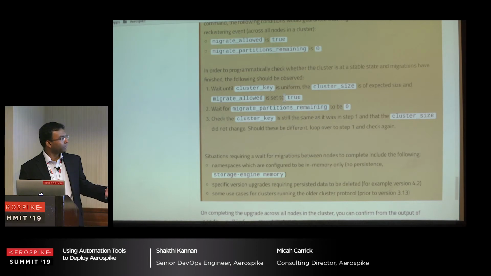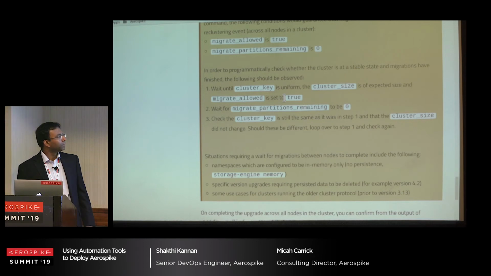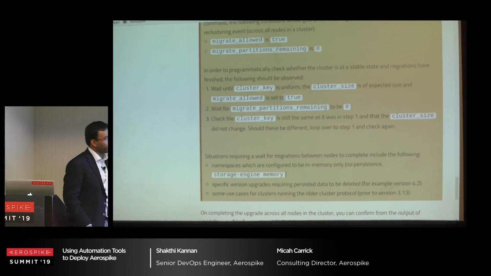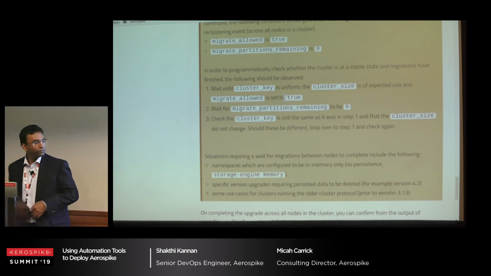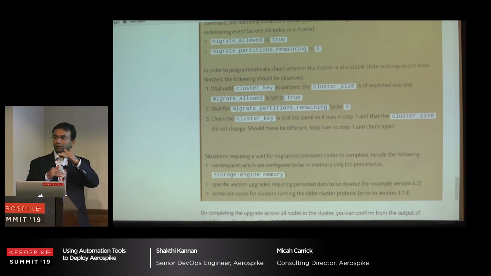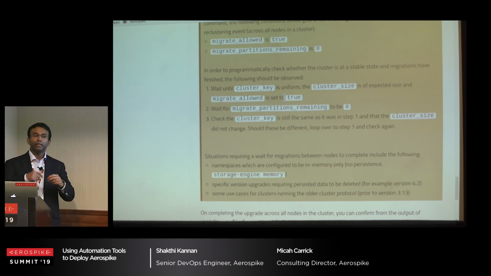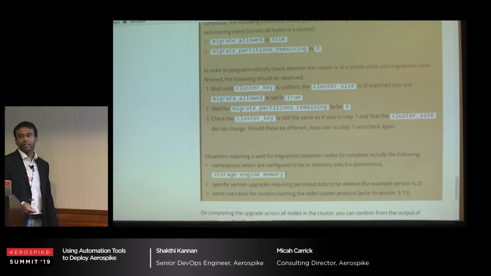Download the package, stop the service, upgrade to latest package, and then you install the package, start the service, depending on systemd or, and then so you can basically check for these conditions like use ASADM or ASInfo, check those values in your playbook, make sure that all those conditions are satisfied, and then you proceed to do with the upgrade for the next node.